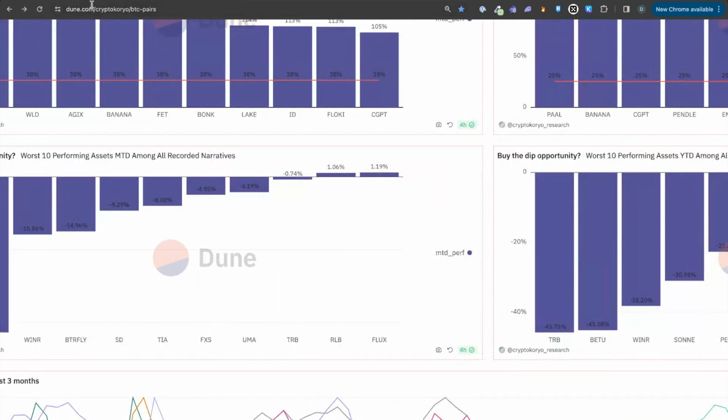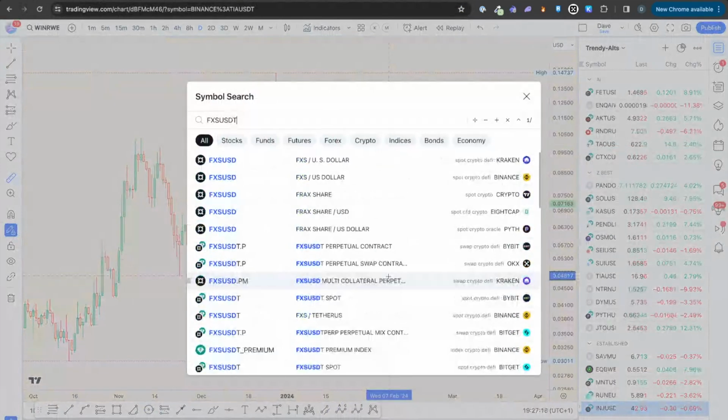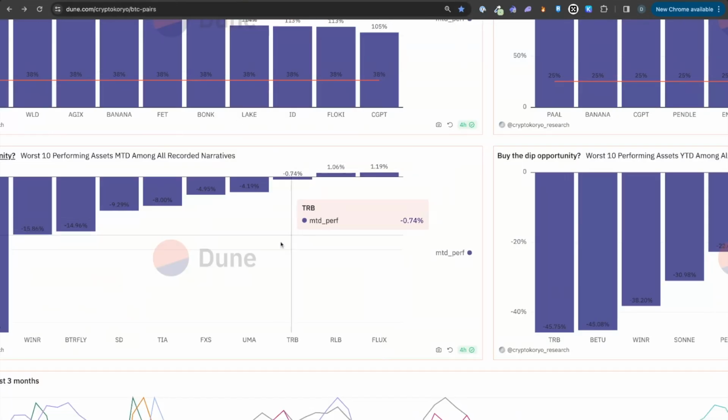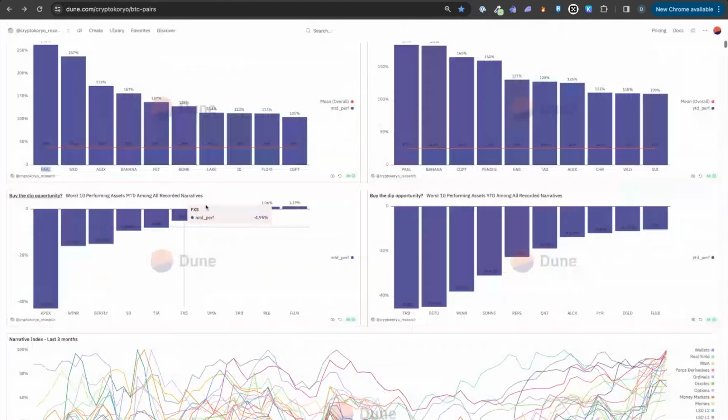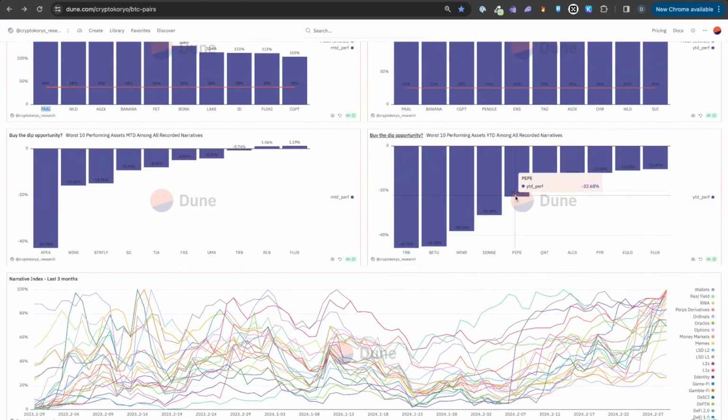It didn't have a great month, but if you like kind of a Warren Buffett style of trading, you might see that there are a lot of bullish catalysts on Frax, and you might want to see that as a good buying opportunity. Rollbit as well. And then here again the same thing for the year. Pepe has a dip apparently, GLD, etc.